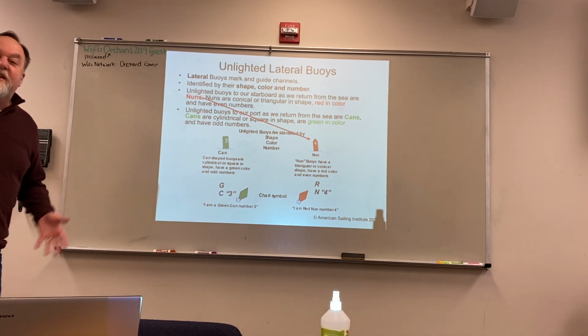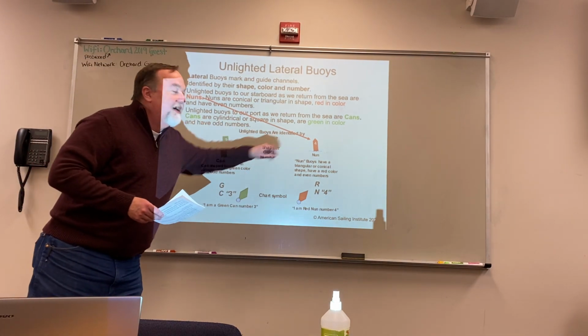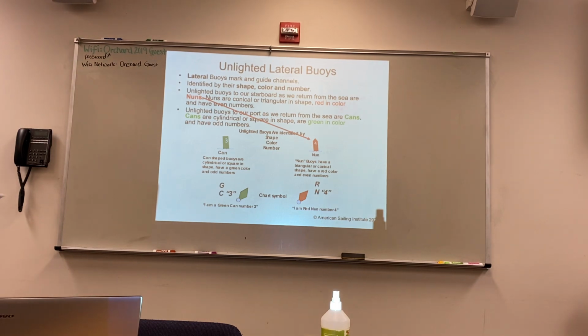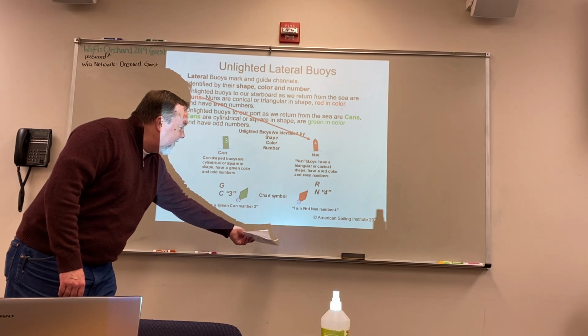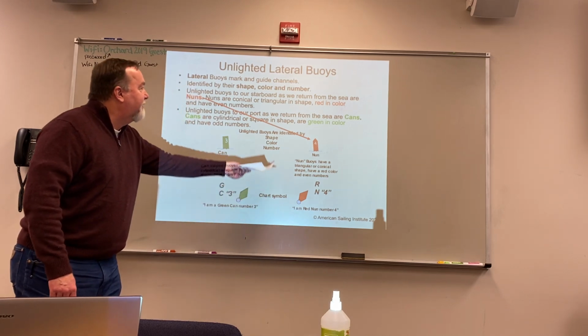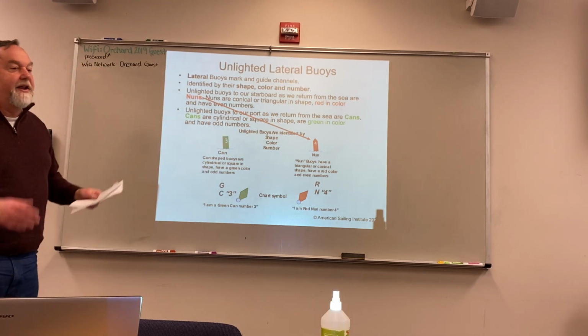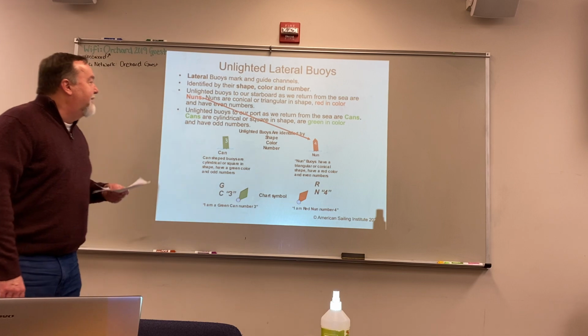As you go up from the sea, the numbers on these lateral hazards will increase. As you go down, the numbers will decrease. Let's say we were heading up a channel from the sea where we had unlighted aids.